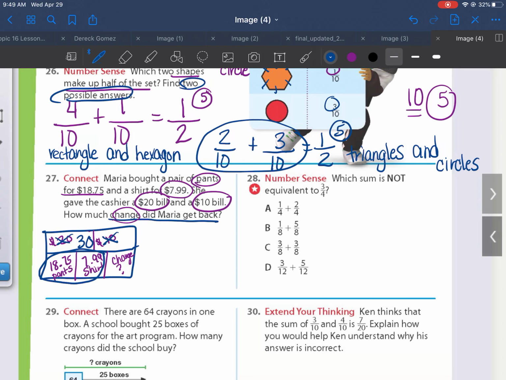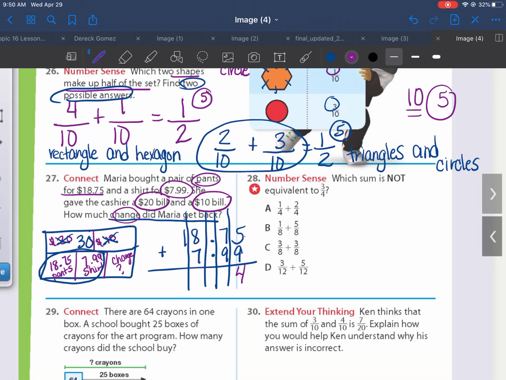So to do this, we're going to have to do 2 steps. Step number 1, how much money was the total that she spent? So I'm going to add $18.75. We have a decimal, so we have to make sure we align those numbers. Plus $7.99.